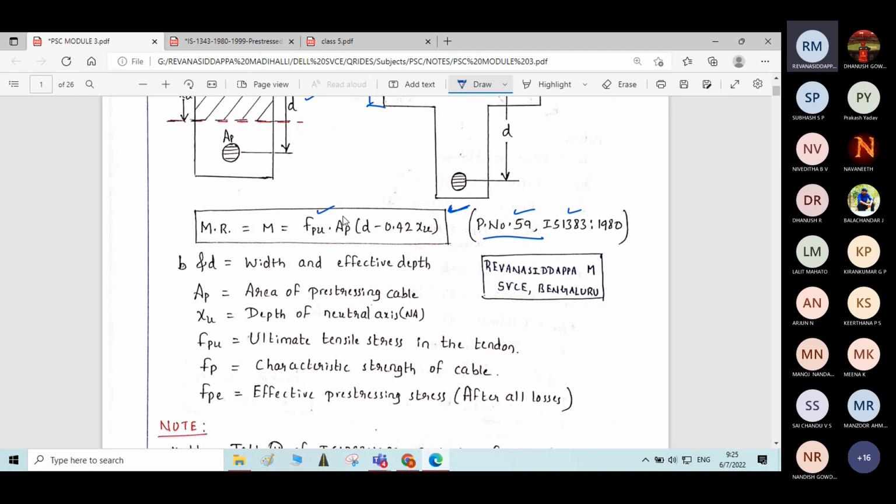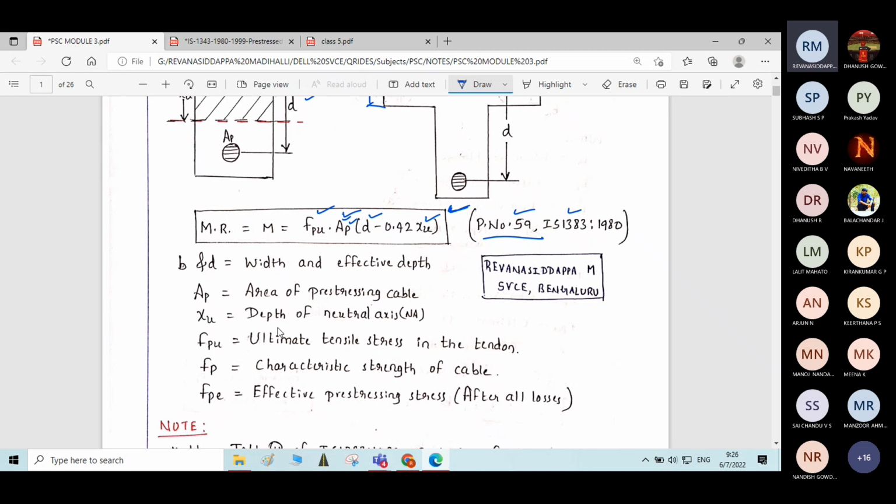Ultimate tensile stress means the stress in the steel at the moment of failure, at ultimate moment. AP is area of pre-stressing steel. D is effective depth. XU is depth of neutral axis.